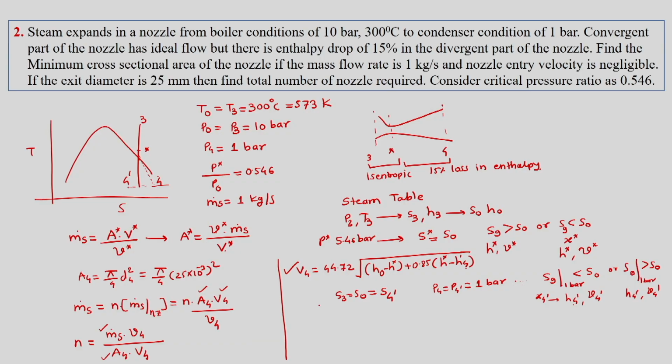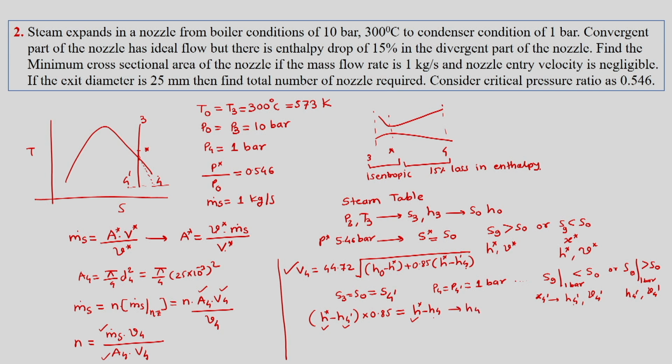So for that we can do it this way: H star minus H4 dash into 0.85 is equal to H star minus H4. Here from the earlier method we have found out H4 dash, we have found out H star, then we can find out H4.